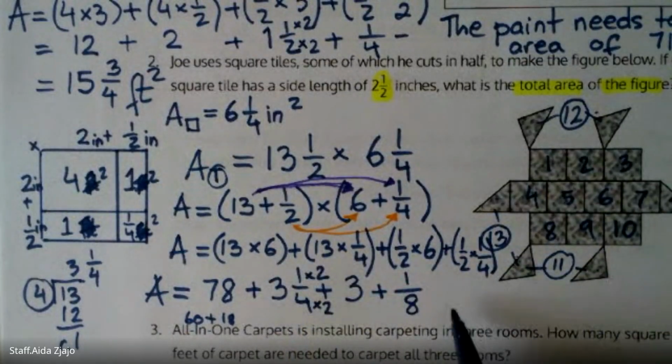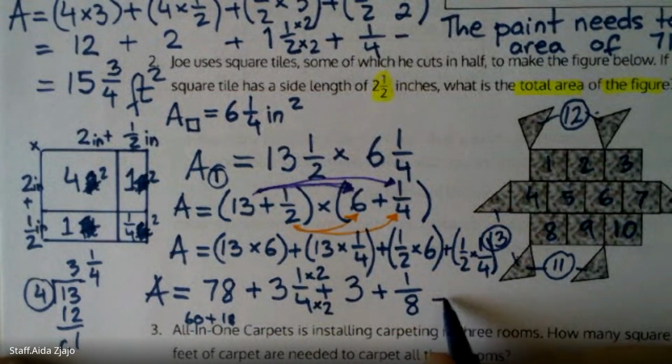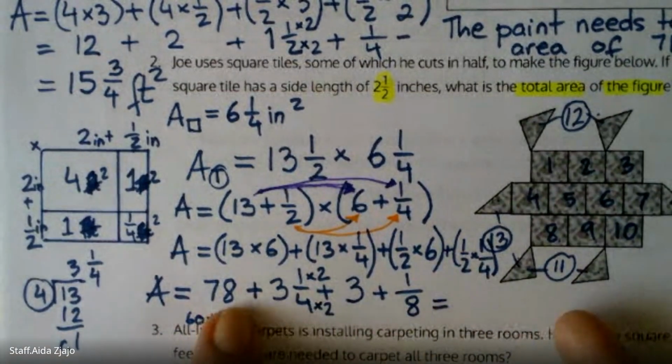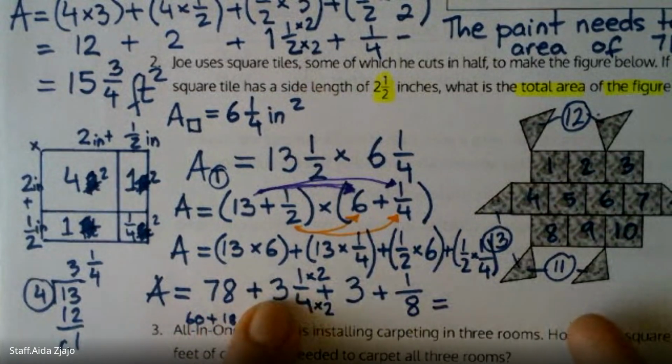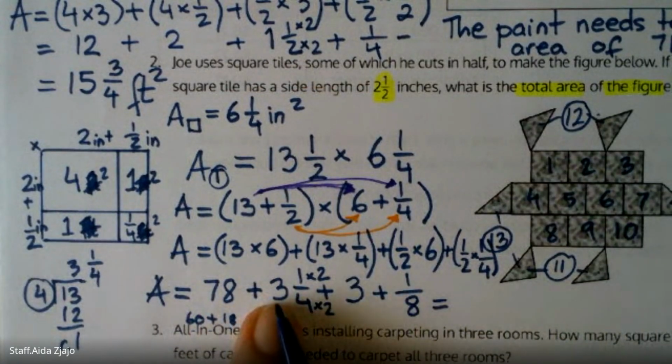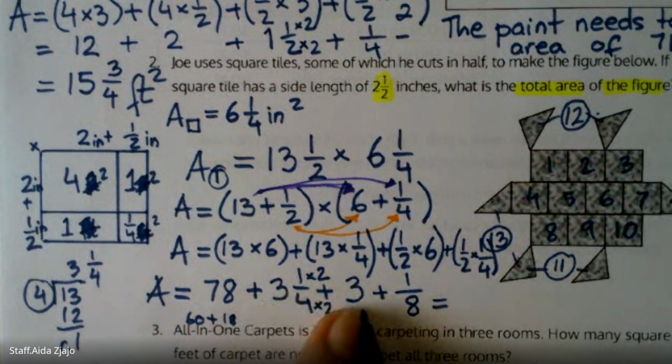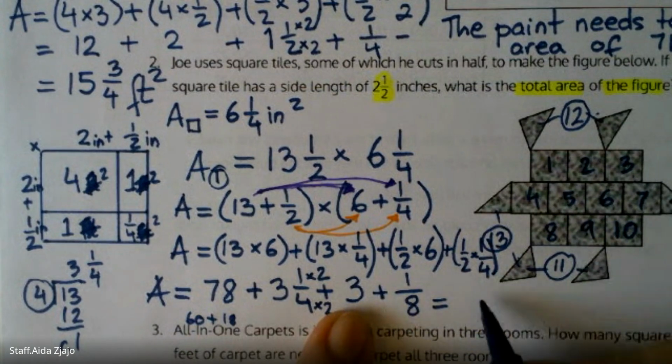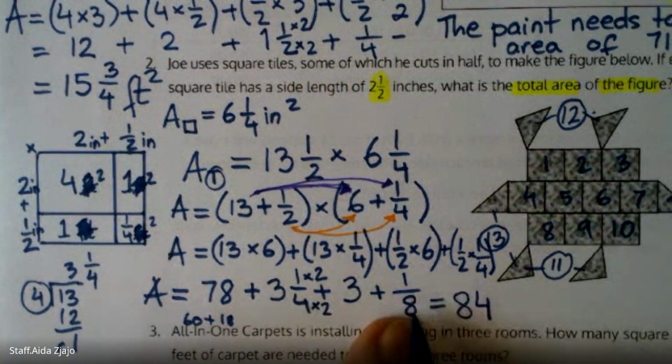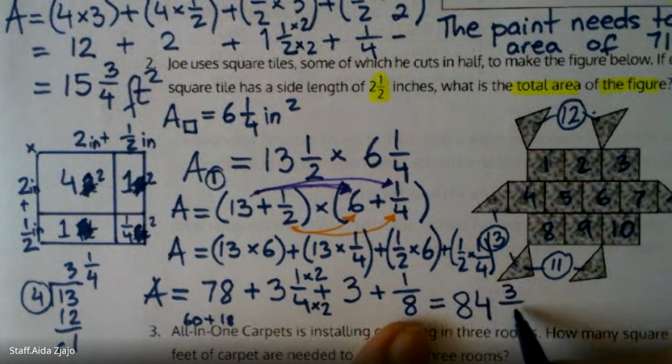So now I have a total area of 78 plus 3 is 81, and then 3 is 84, and then 2 eighths plus 1 eighth is 3 eighths.